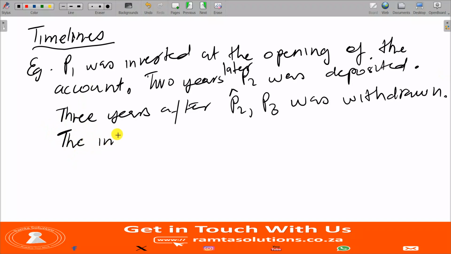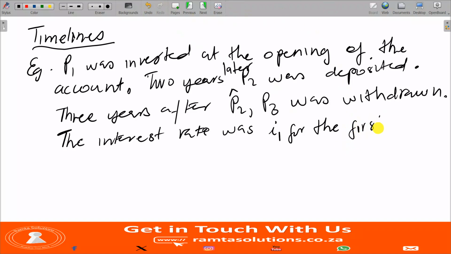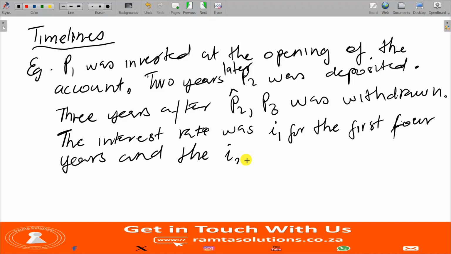The interest rate was I1 for the first 4 years, then I2 for the next 3 years.